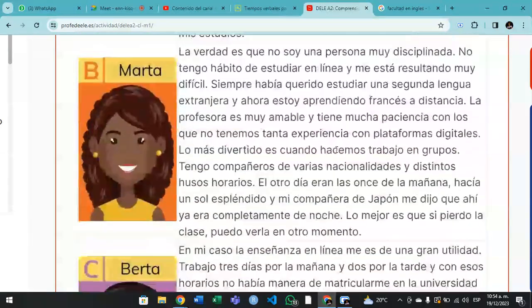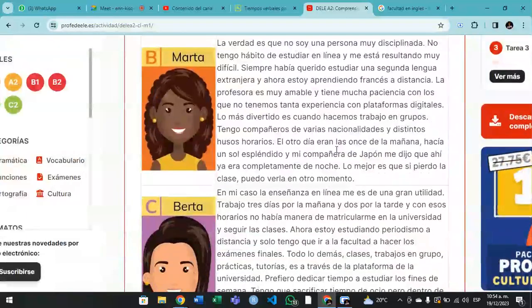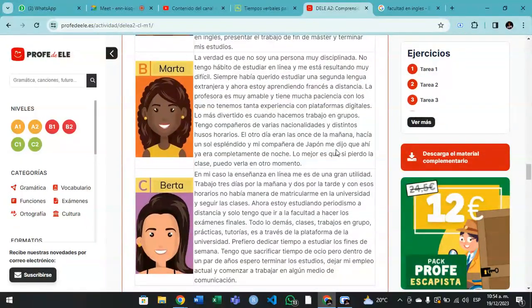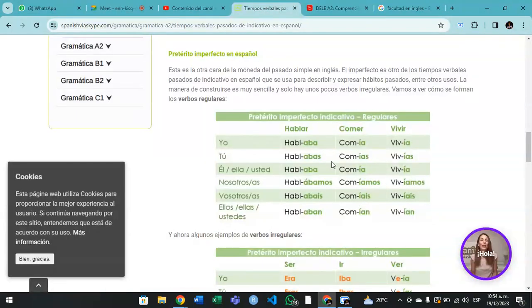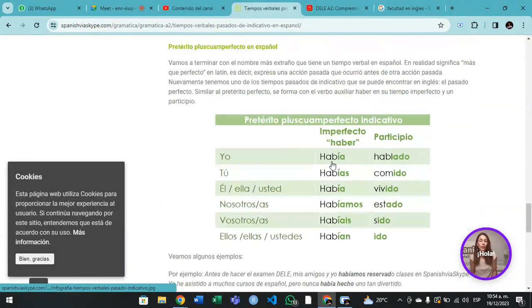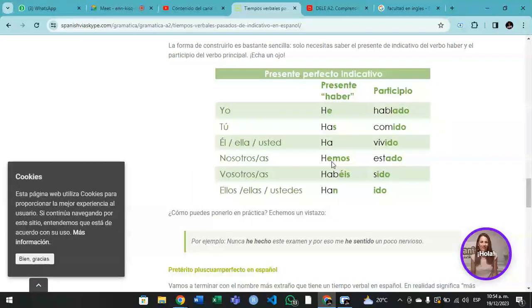And next class, I think we're going to have time to read this, but also we're going to have time to specifically talk about this kind of past. So if you want, you can take a screenshot of this that we're going to discuss next class.